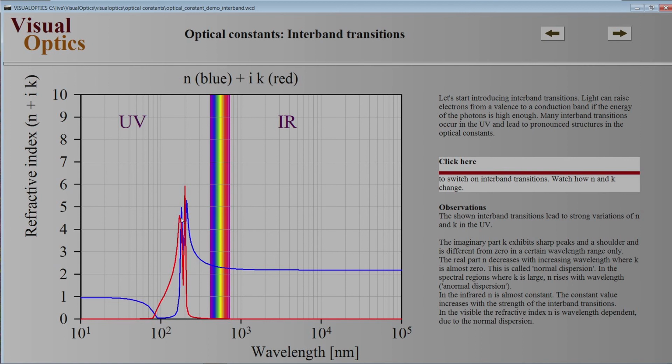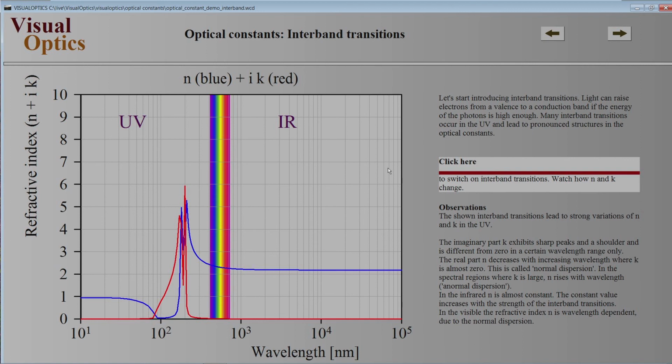Here I show you in this example 2 interband transitions, and what you see is that n is affected almost everywhere in the ultraviolet. k is 0 at high energies, and then in this range of the interaction it's different from 0, and then it decays pretty rapidly to 0 again. Still, the real part has some features which I will discuss in the next section.